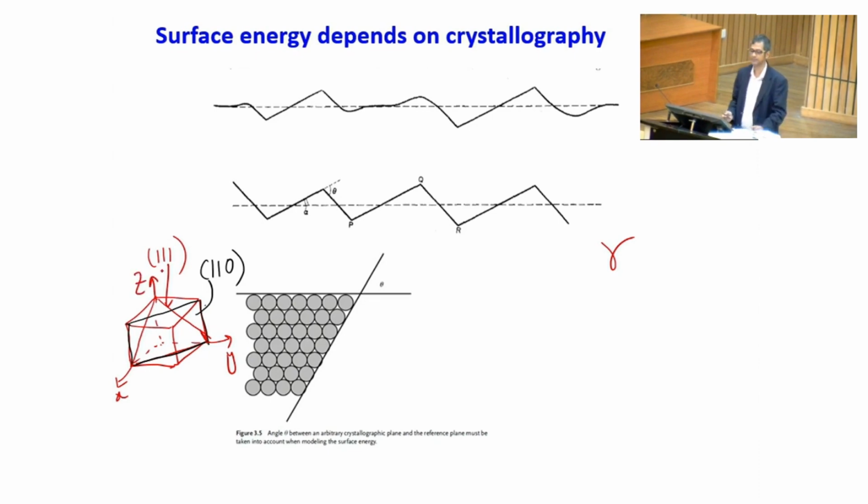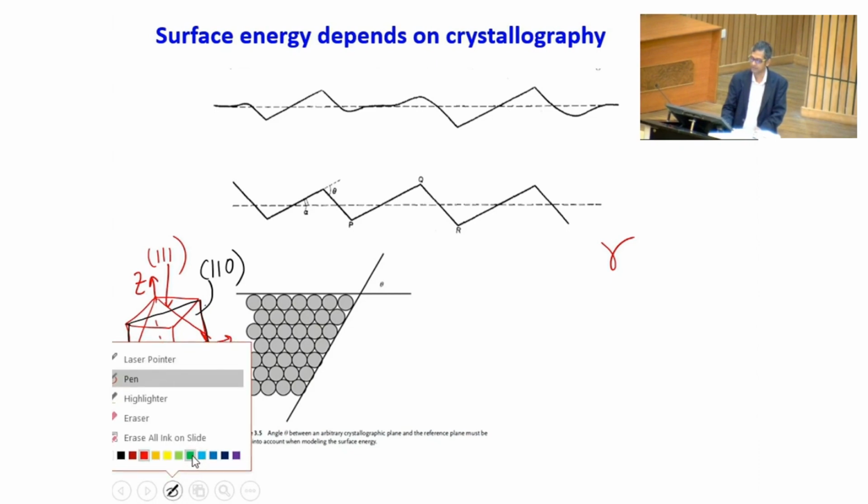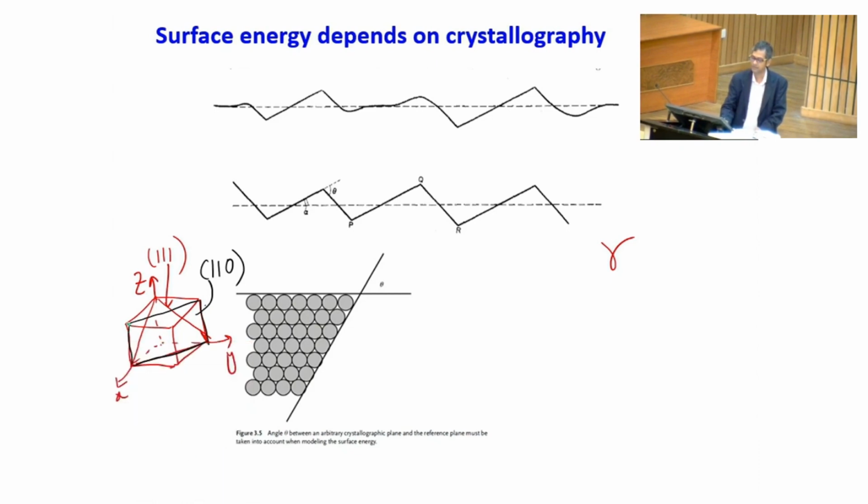You do it yourself. Along x 1, along y 1, along z infinity, so that is 1, 1, 0. Along x 1, along z 1, along y 1, 1, 1, 1, and what about this plane? Okay, let us use a green color. This is what? 1, 0, 0. That is a plane which is cutting the x axis at 1, parallel to y and parallel to z. So, these are the three prominent planes in an FCC crystal.